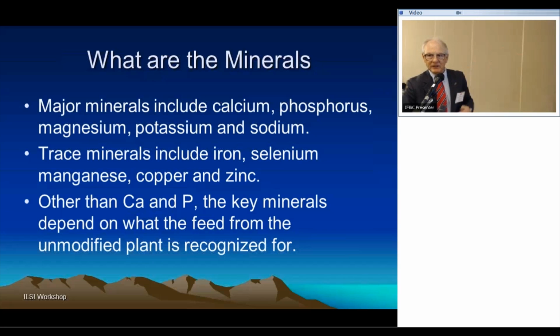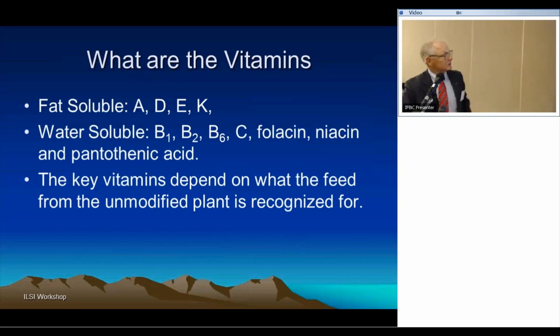The phytin phosphorus is not digested and is excreted by the animals and goes in the manure and eventually winds up in the waterways and is causing a problem. So that's why phosphorus is important, along with the equation of the phytase and phytin phosphorus. Other vitamins: fat soluble A, D, E, and K; water soluble B1, B2, B6, C, folacin, niacin, and pantothenic acid.